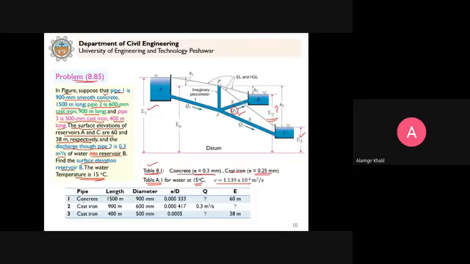Now this is the given data. Pipe 1 is concrete, while pipe 2 and 3 are cast iron. These lengths are given for the 3 pipes. The diameters are given. Now we can calculate E by D. So E is the absolute roughness that you take from table 8.1. Now what is given? E1 is given. This is E1.